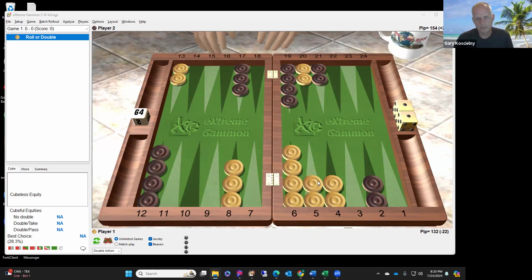What about priming? Whether you get any credit for making the 3 point, I mean, it makes it stronger, doesn't it? Well, okay, yeah. But in terms of, are we in the priming game plan? Do we have a better priming game plan than our opponent here?